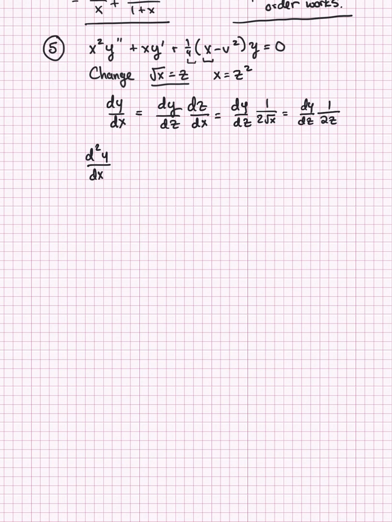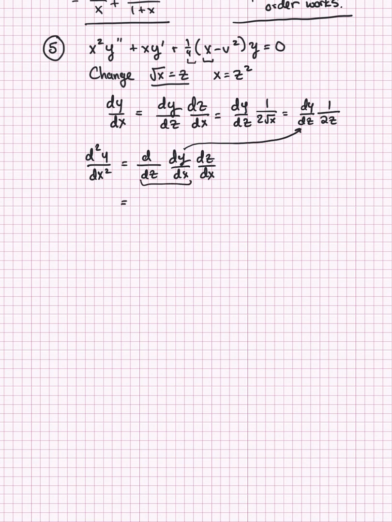The second derivative is similar. So you take d squared y over dx squared. This is the derivative with respect to z of dy/dx, times dz/dx. Oops, I can't write my x's in the denominator. This is the standard way to substitute for the second derivative, and luckily we've already put dy/dx in terms of something involving z, so I can take the derivative with respect to z.